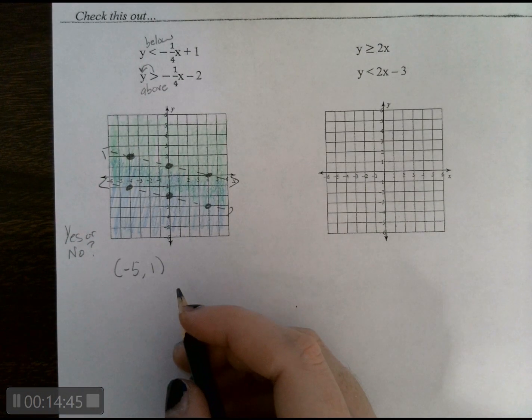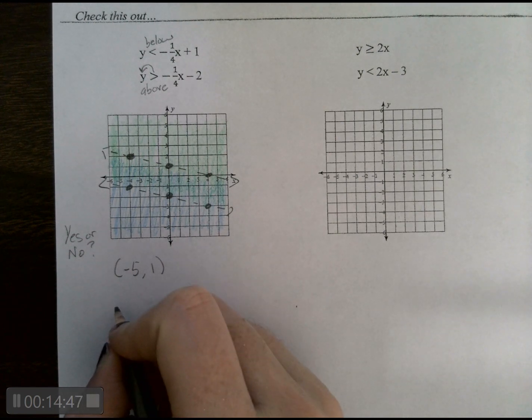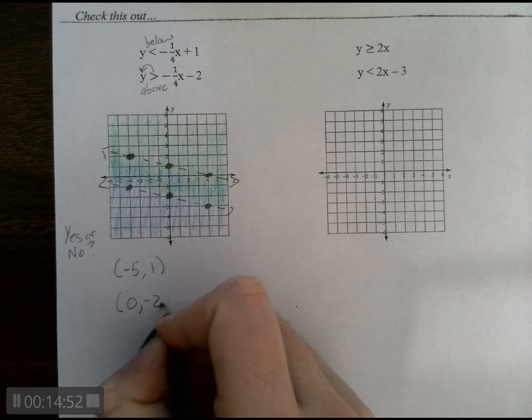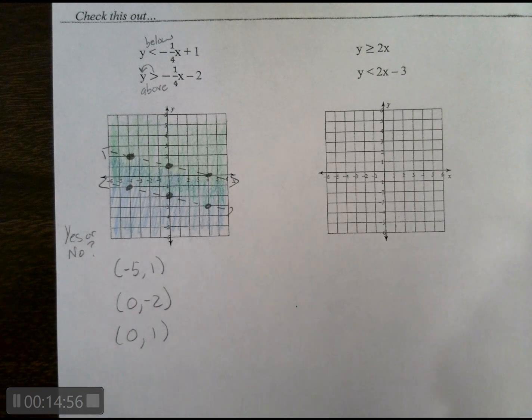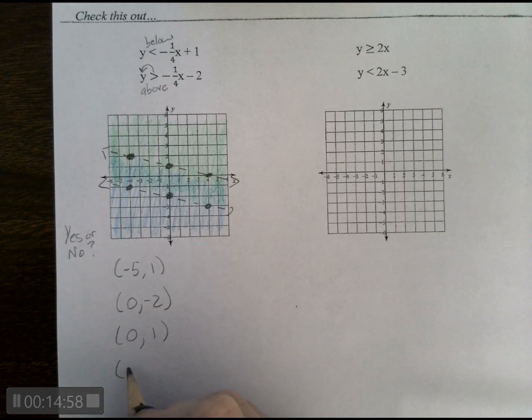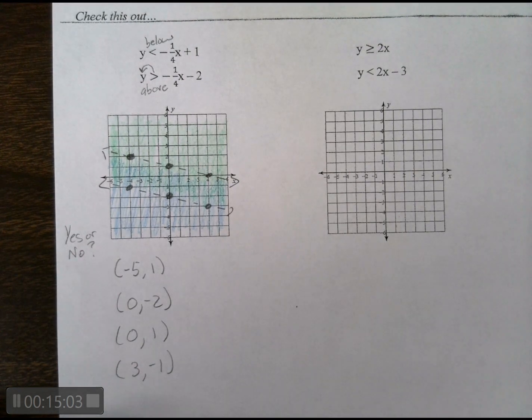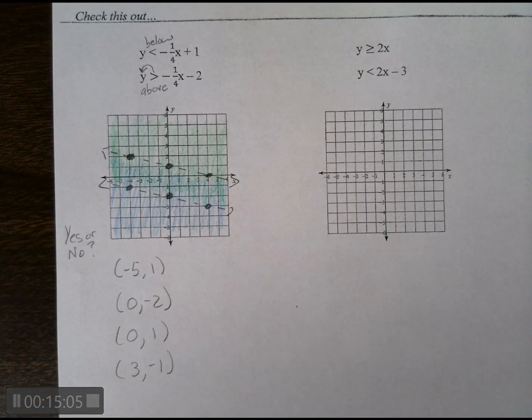Okay, what about 0, -2? What about 0, 1? What about 3, -1? Okay, so you guys tell me about those points.